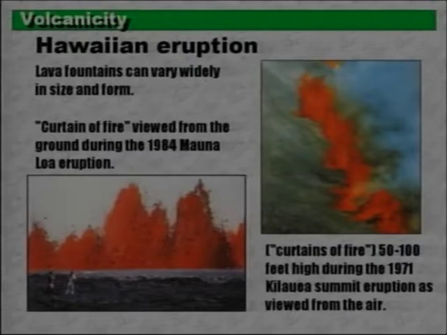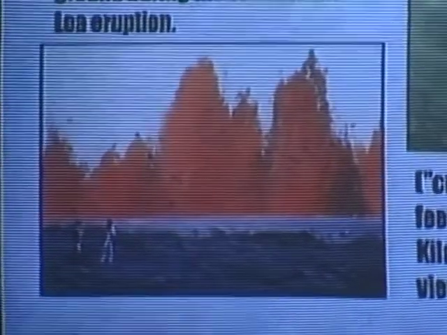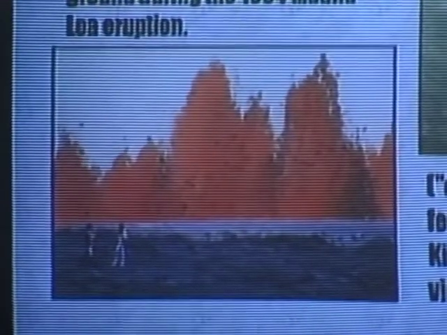We look at the Hawaiian eruption type. Lava fountains can actually vary widely in size and form. And there you can see a curtain of fire viewed from the ground during the 1984 Mauna Loa eruption in Hawaii. And again, you can see the curtain of fire 50 to 100 feet high during the 1971 eruption.